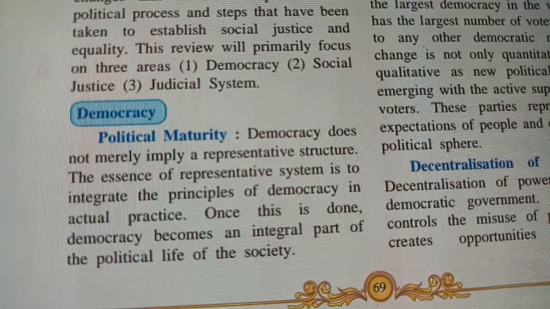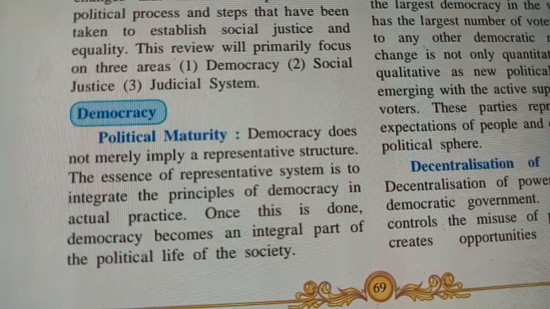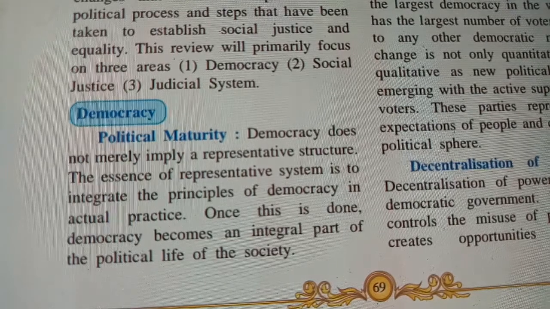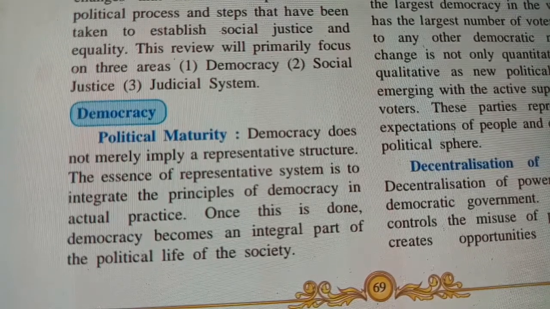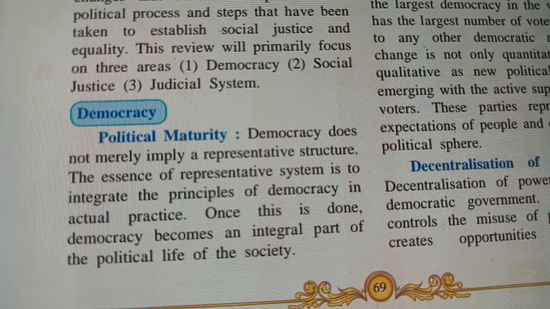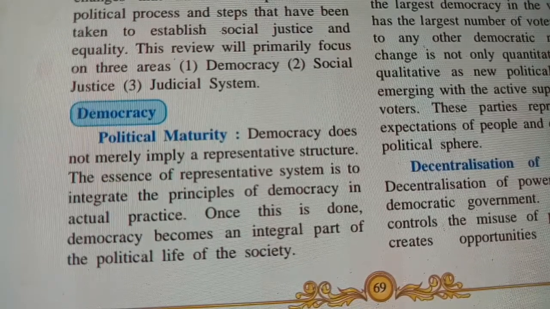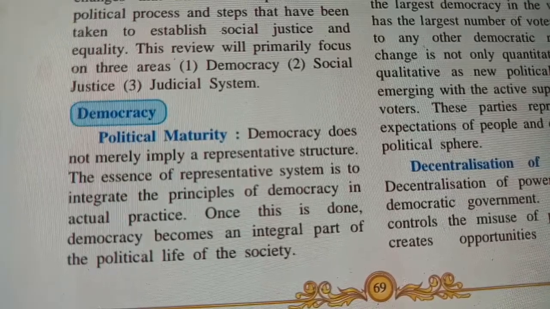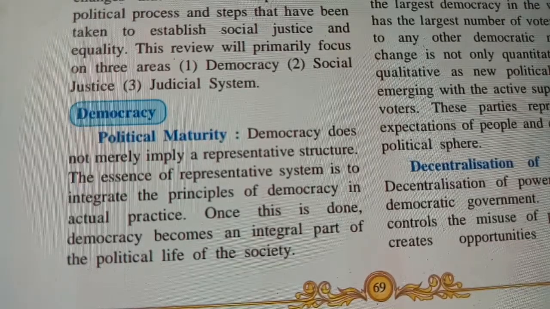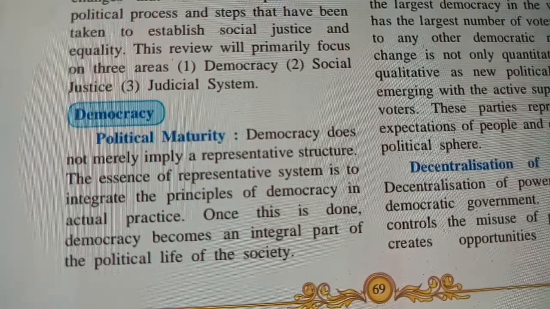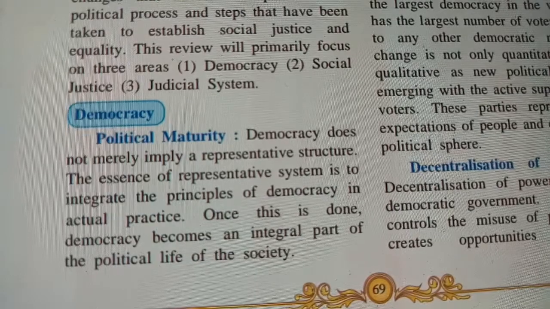Now, democracy does not merely imply a representative structure. The essence of a representative system is to integrate the principle of democracy in actual practice. So common people elect a representative to work on their behalf in the parliament. We cannot go directly to the parliament and say, sir, we have this problem in our area. But if we have a representative acting in an area, like an MLA, he will go to the parliament and solve whatever problems we are facing in the country.